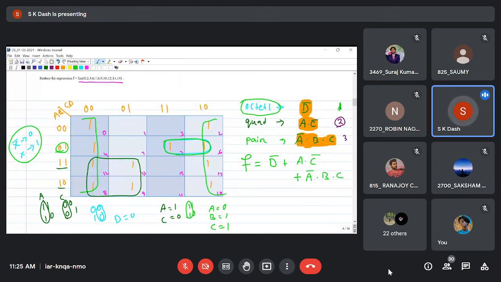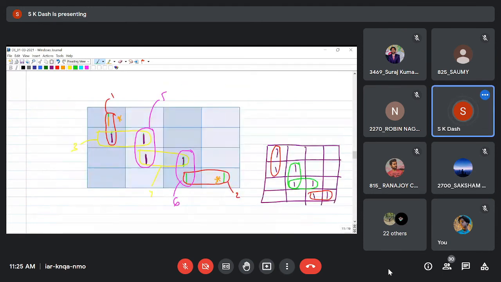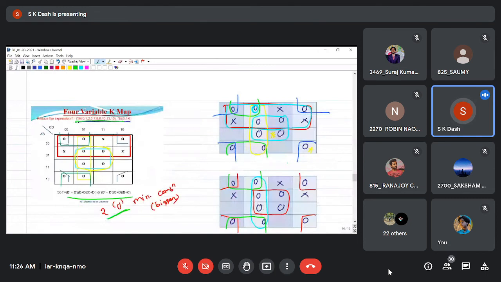One, D bar. When we go for a quad, how many inputs? Two. Three. Now using the same technique in reverse, you will be able to solve it instantly.